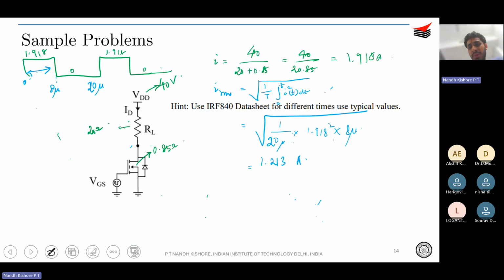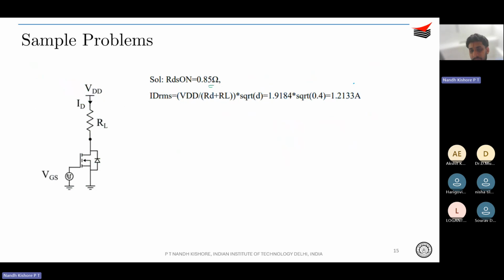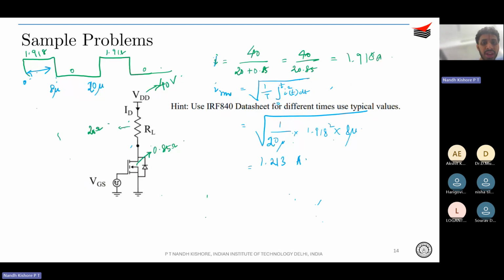So IRMS can be directly written as capital I into root over D. If you do it by this formula also, you will end up with the same answer, 1.213 amperes.